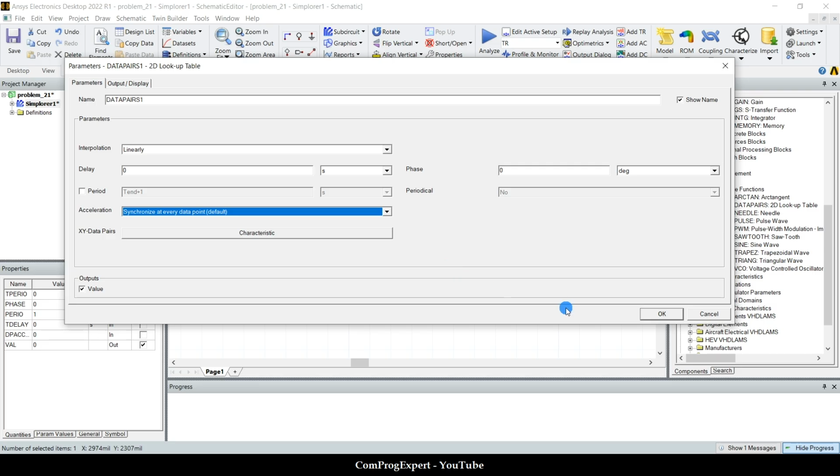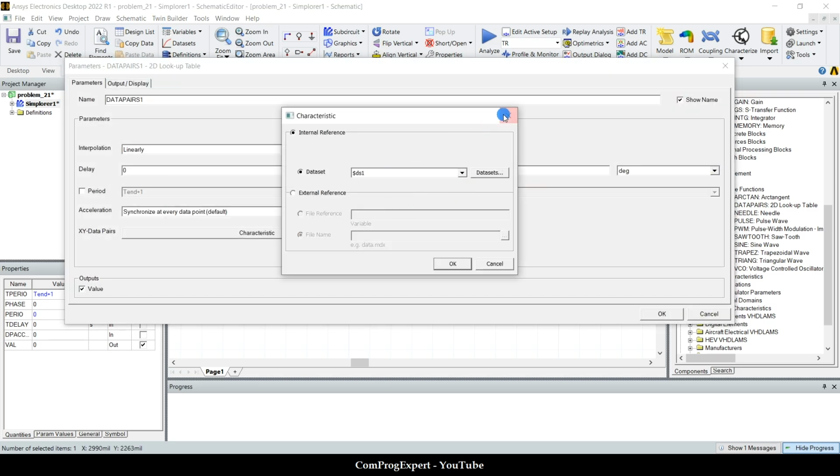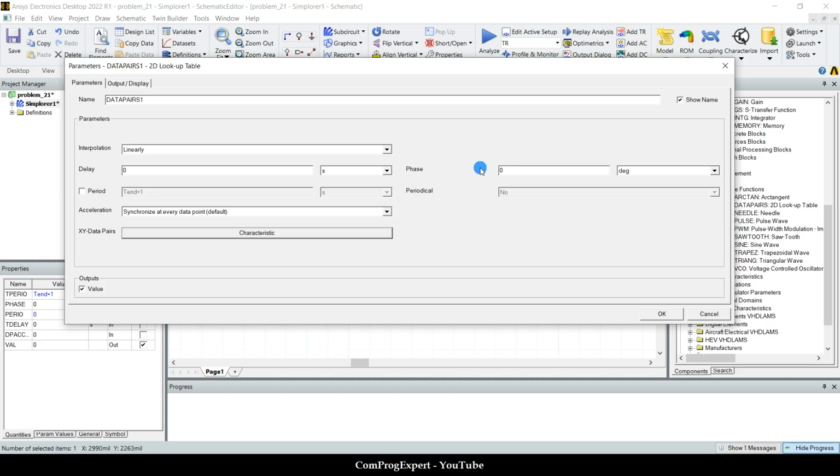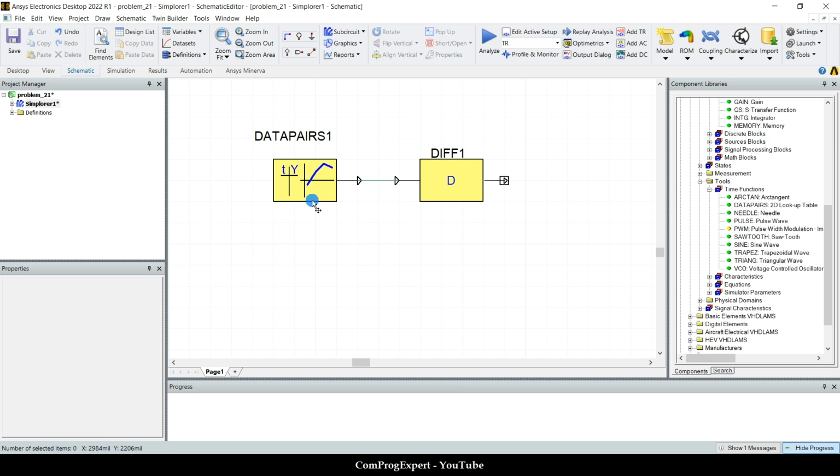We should set that this data pair is periodic. How can we set it? From here, you should activate this option. Is periodic? Yes. What is the period? It is 25 millisecond, the period of this waveform.